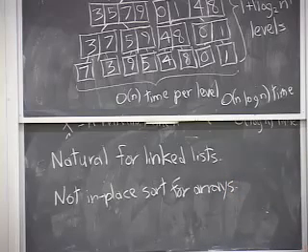There's just no simple way, no way that's not incredibly complex, to do merge sort in a single array without using basically a whole other array to do the merging in.